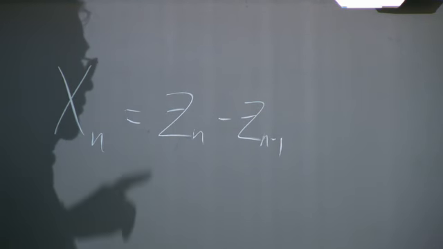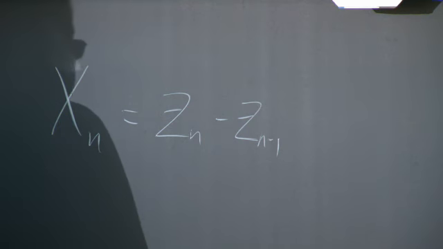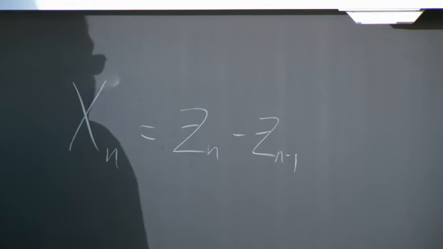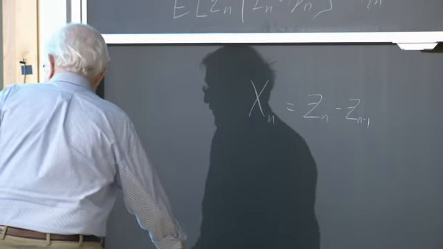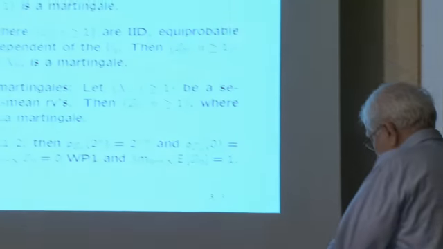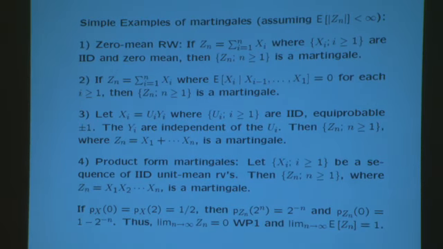And as soon as you do that, x sub n satisfies this condition here, and what you've got for sure is a martingale. So this condition here, that the x sub i's are satisfying, is really the same as the martingale condition. It's just that when people are talking about martingales, they're talking about the sums of random variables.